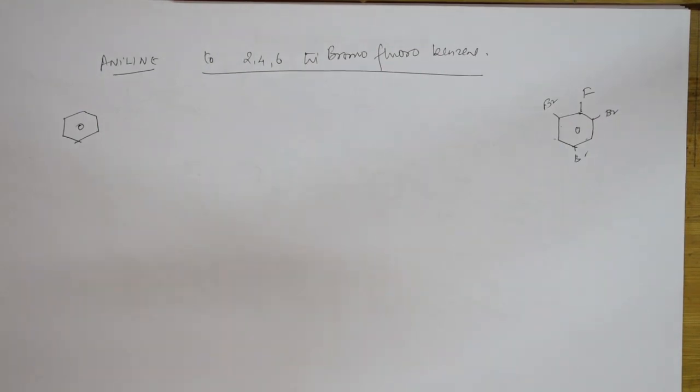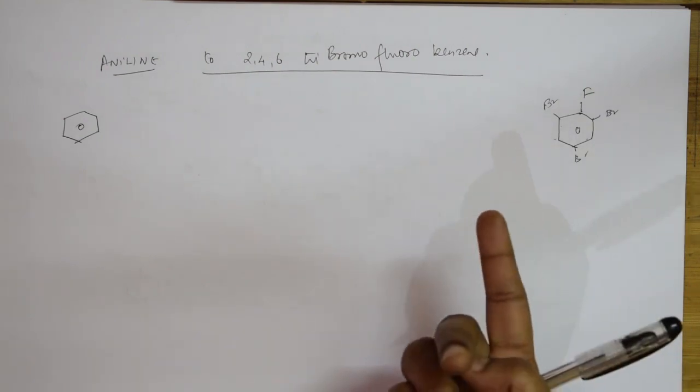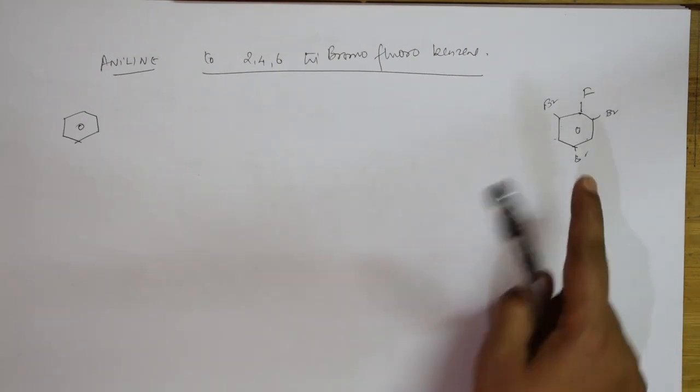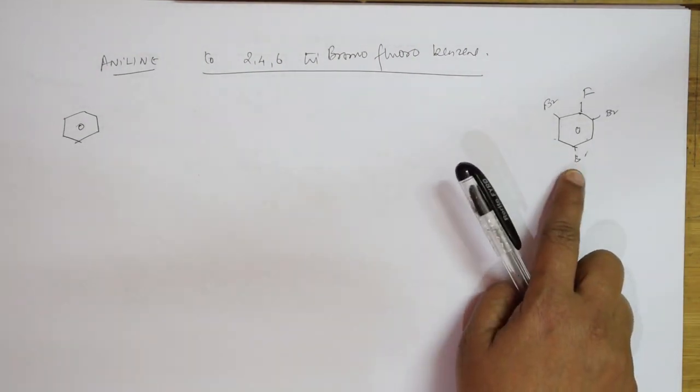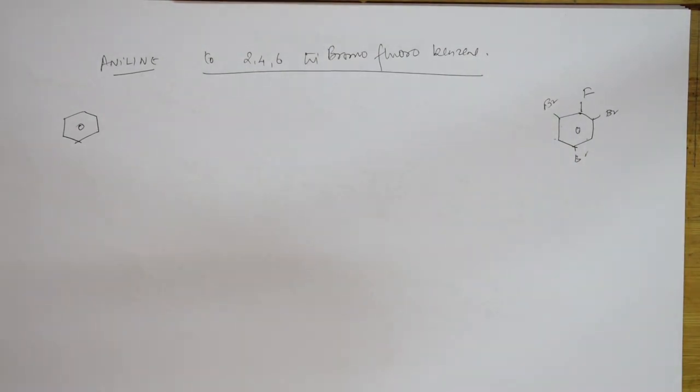Fluorine is extra. Which will provide me fluorine? I can prepare fluorobenzene from HBF4. Basically, we can't prepare it directly; as I've taught you, from BDC you'll introduce that. That is fluorobenzene. I also have to introduce the bromine group, through bromination, or I can go with bromine water rather.